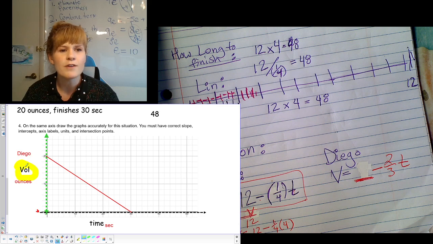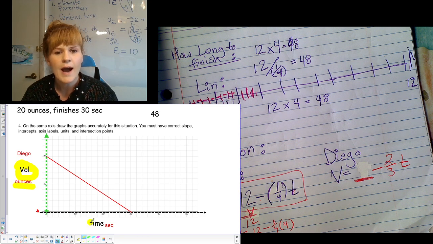I have volume labeled on the y-axis. I have the unit labeled in ounces. I have time labeled on the x-axis and the unit labeled, it's seconds. I already drew a line for Diego's equation.